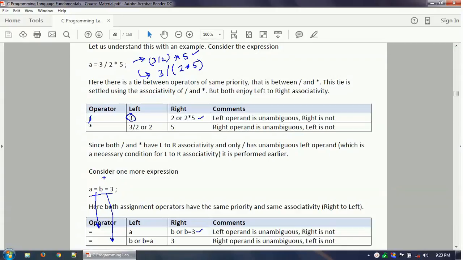Since this is right to left, I need to take first the operator which has the right operand unambiguous. Correct? So this particular operator will be evaluated before the other one. This is my first, this is my second. That is why 3 will be assigned to B first, and then that will be assigned to A.